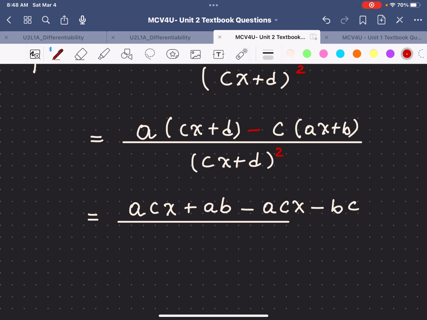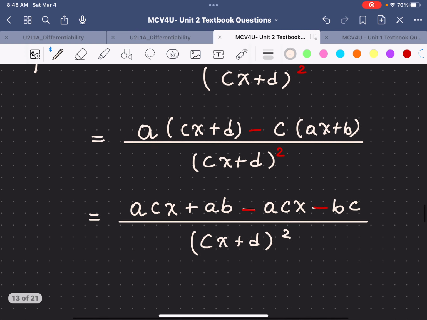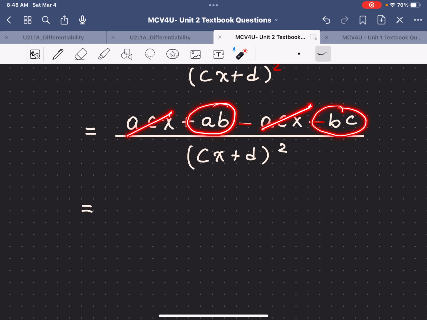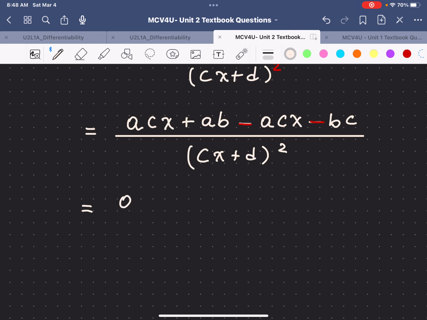Remember that these will turn with a negative sign here. And divided by cx plus d squared. Check and see if we have simplified completely. Here we have like terms, and they will subtract to 0. The only terms we're left with here are ad and bc. So we'll write ad minus bc.